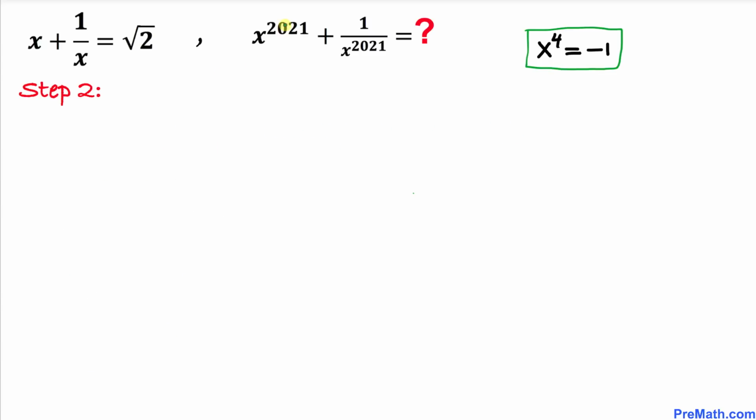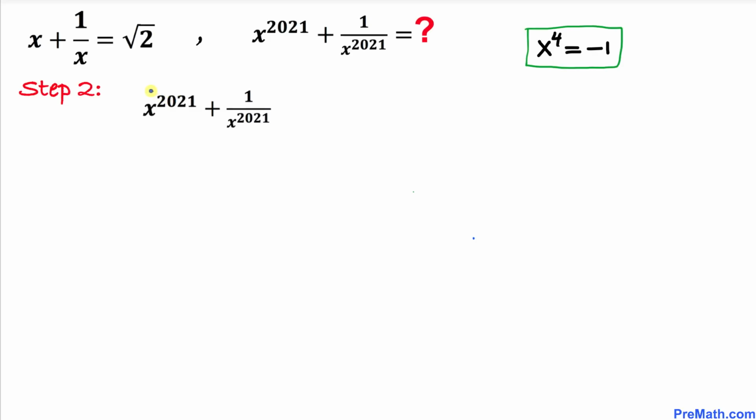And here's our next step. Let's focus on this expression, x to the power 2021 plus 1 divided by x to the power 2021. And here I have copied it down. We can tweak this one. I can write x to the power 2021 as x to the power 2020 times x to the power 1, or simply x to the power 2020 times x.